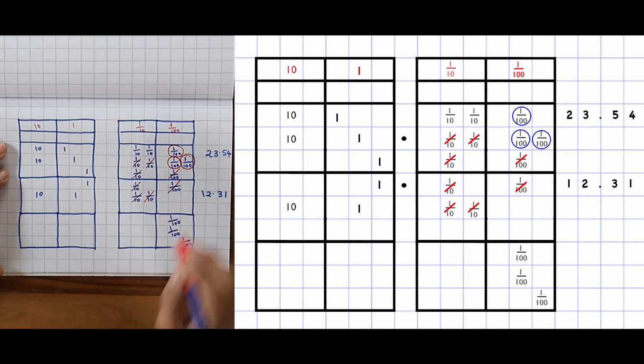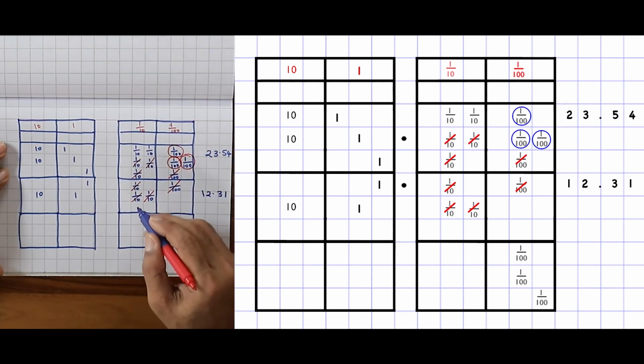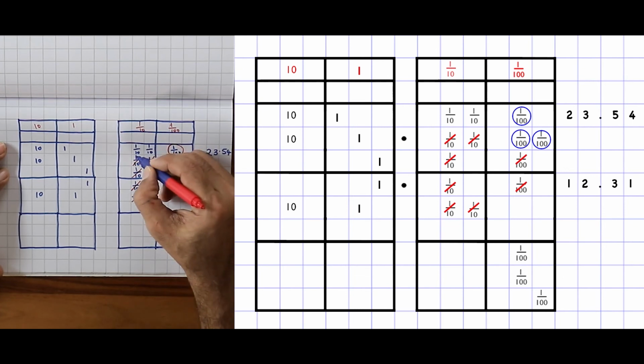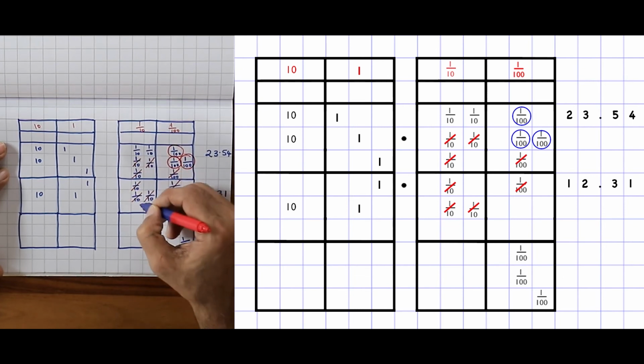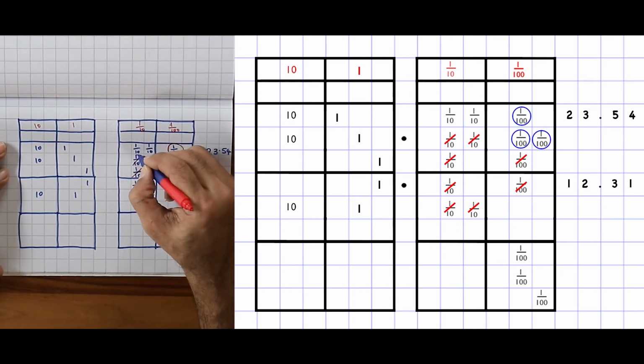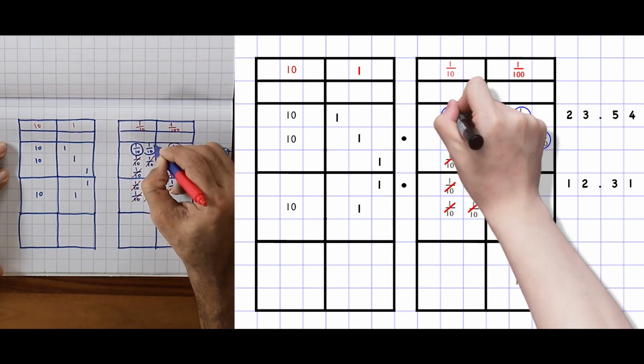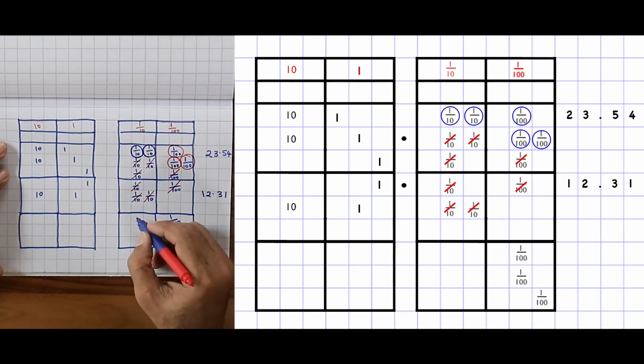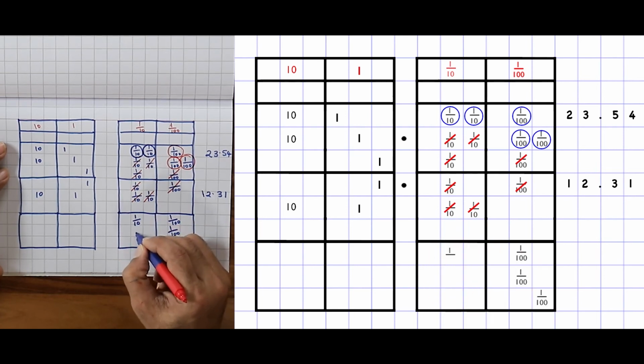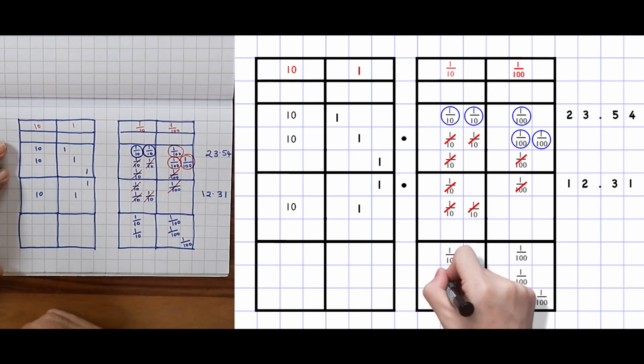We are done with the 100s and 1/10s are also. After removing 3, how many are left? 1, 2 are left. 1 1/10, 2 1/10.